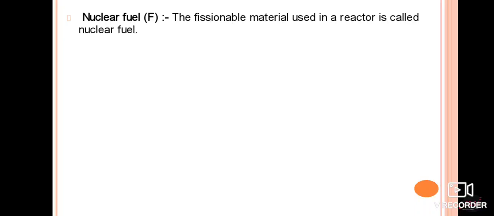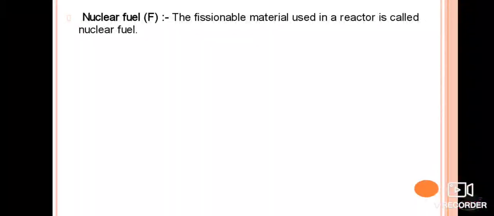First one is the nuclear fuel. Nuclear fuel means the fissionable material which is used in the reactor. Already you know, fissionable materials are the materials that readily undergo fission, and they are called fissile materials.